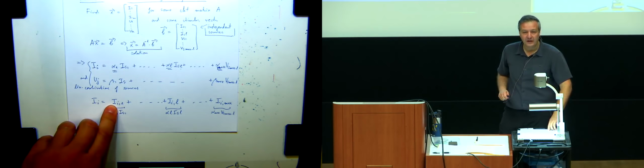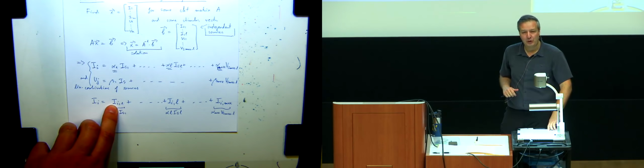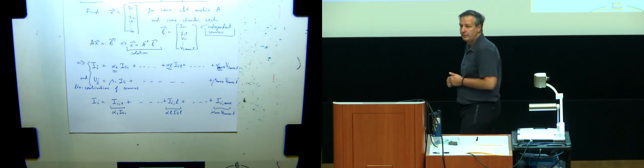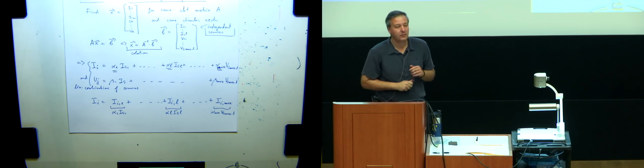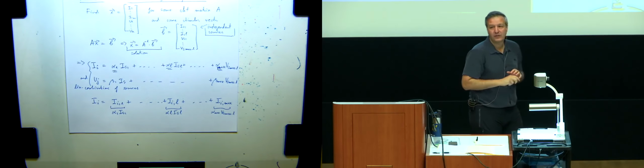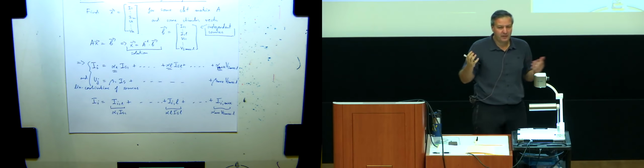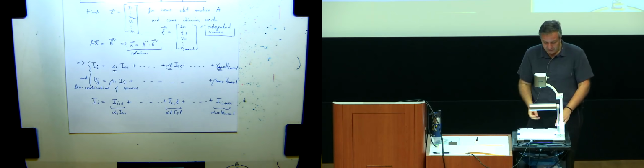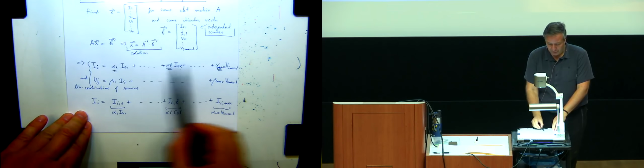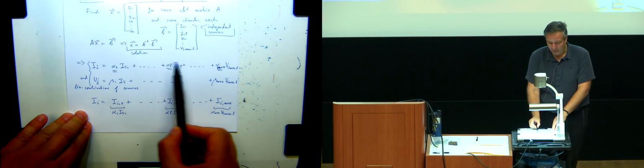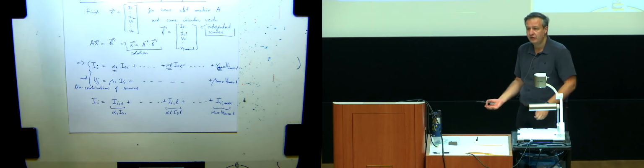How do I find each one of these components separately? Is there a way? Yes? Yeah, mathematically. So the comment was, you look at this expression. If I'm interested in this component, I will just set all the other sources to 0.